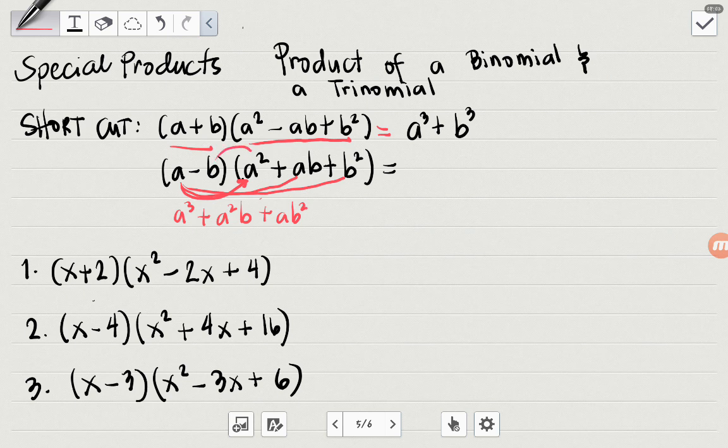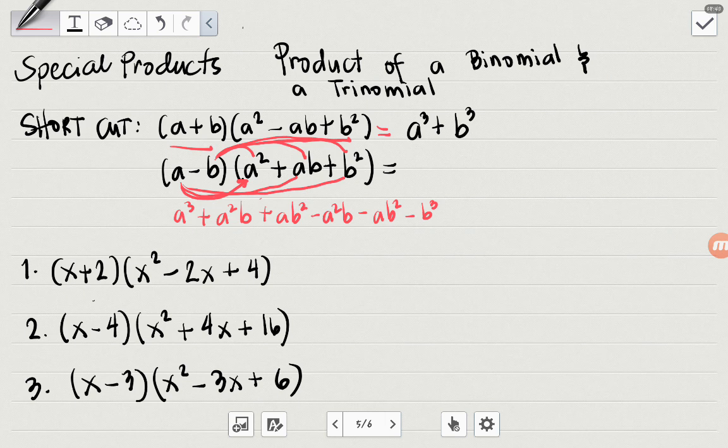And then this one, negative b times a square. You have negative a square b. Negative b times positive ab. So you have negative ab square. And then negative b times b square. It's negative b cube.